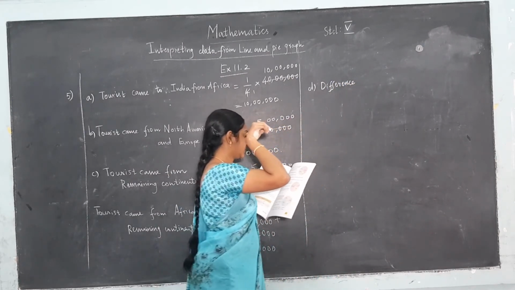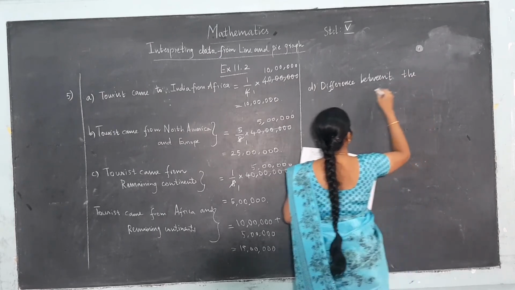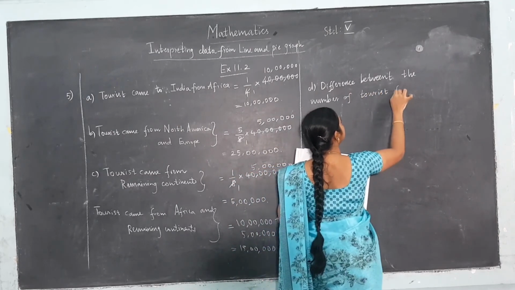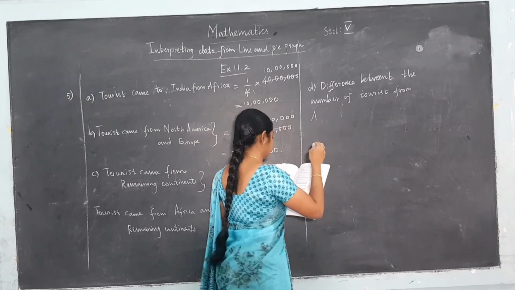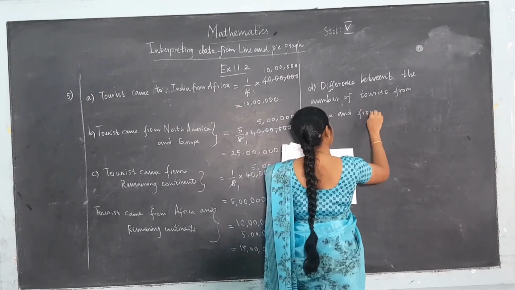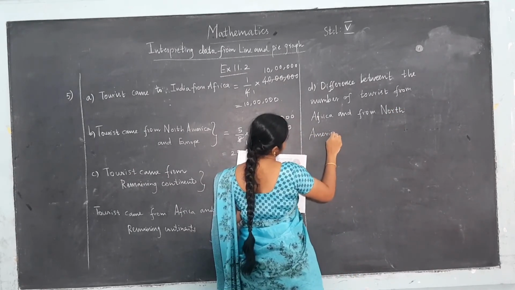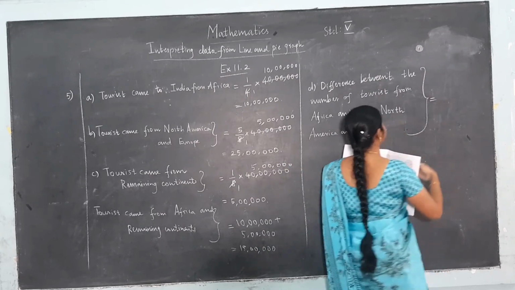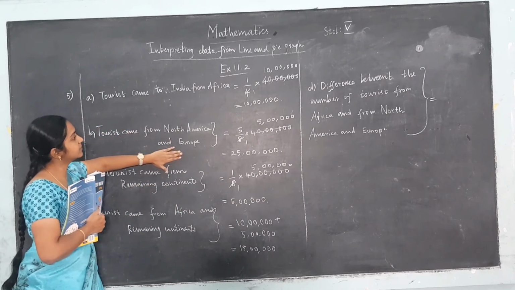Difference between the number of tourists from Africa and from North America and Europe.